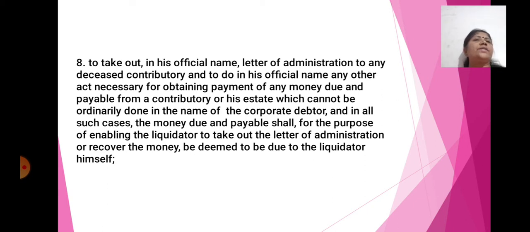In all such cases, the money due and payable shall, for the purpose of enabling the liquidator to take out the letter of administration or recover the money, be deemed to be due to the liquidator himself.